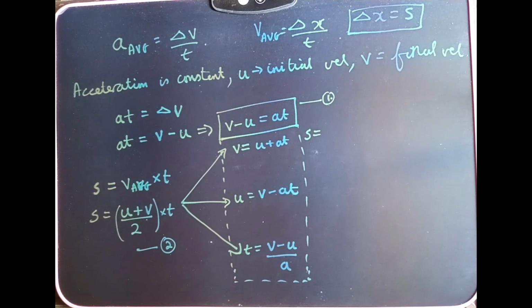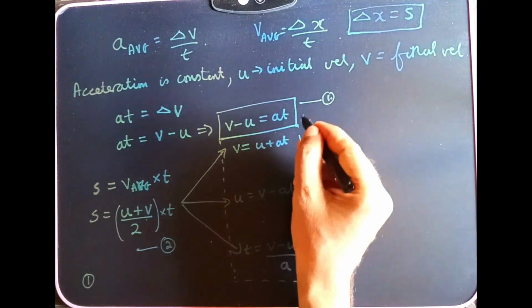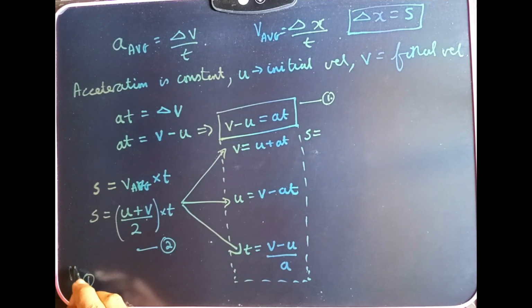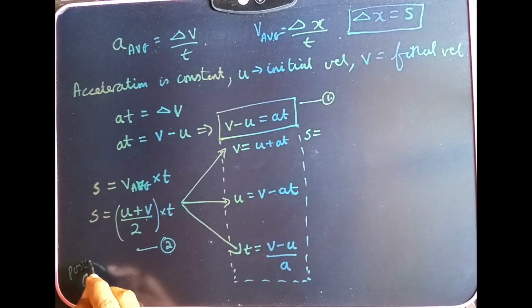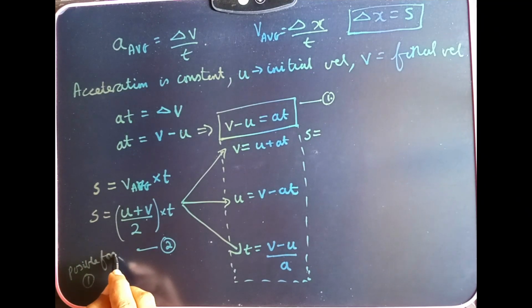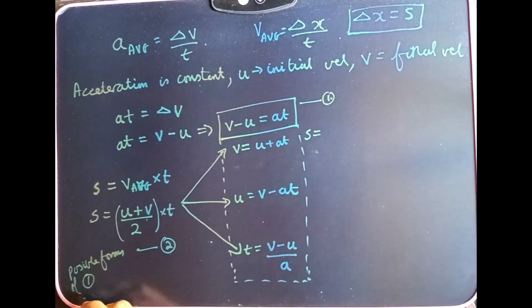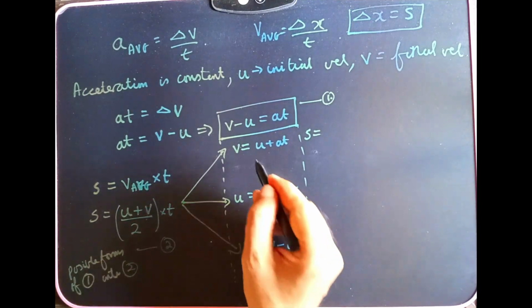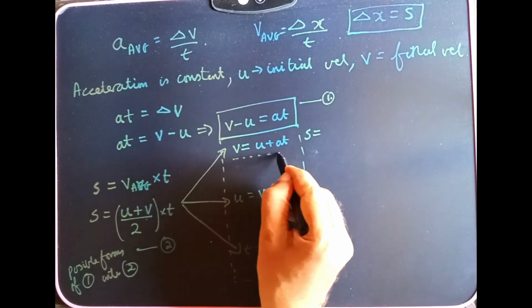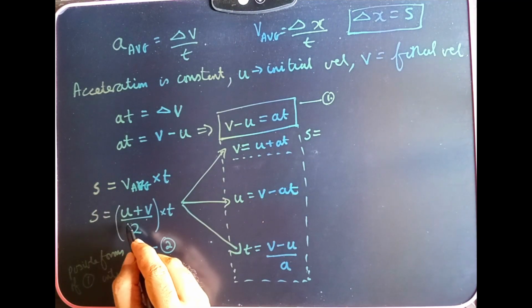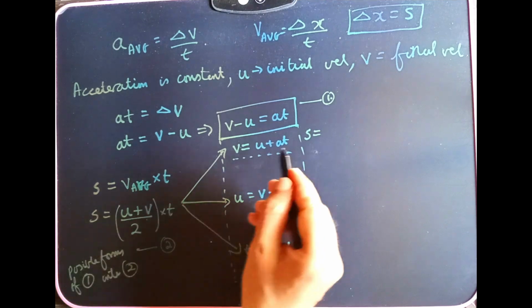Okay. So now I put all possible forms of one into two. The first form of one, this particular form, I put in this equation. So v will become u plus at.